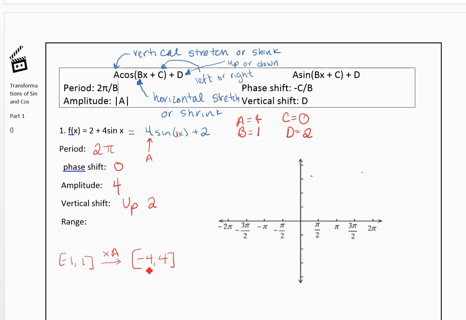But not only have we stretched it, we've also moved it up. So then you have to add your vertical shift to both the numbers. So that will make it negative 2 to 6. So you can always do those two things, multiply by the amplitude and then add your vertical shift to get your new range. Okay, so the lowest our graph will be is negative 2, and the highest it'll go is 6.